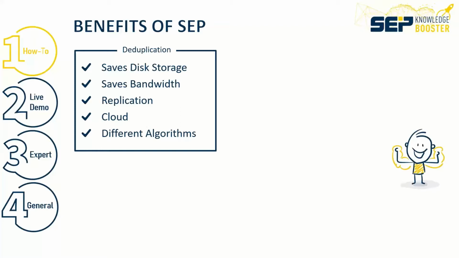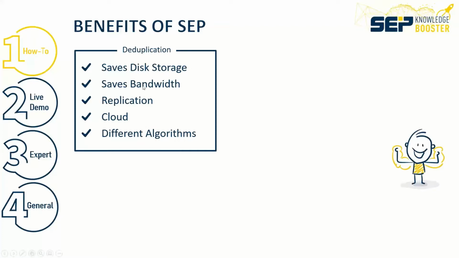But it also saves bandwidth, because depending on where the deduplication is processed, you reduce the amount of data you transport over the network. And this provides some more options for backup concepts and so on. You will see this later on.